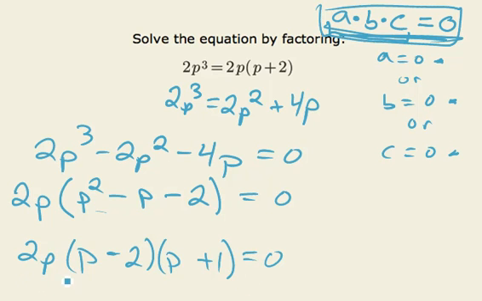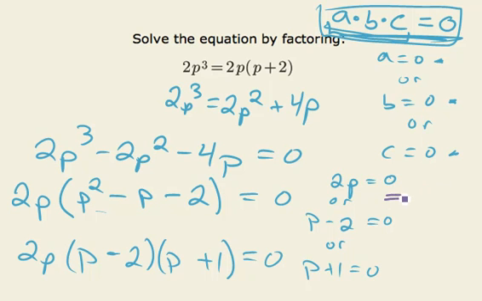So now I can take this factored form, and I know that either the first part, 2p, equals 0, or the second part, p minus 2, equals 0, or the third part, p plus 1, equals 0. And now I can solve each of these simpler equations. 2p equals 0, divide both sides by 2, I get p equals 0 divided by 2, or 0.